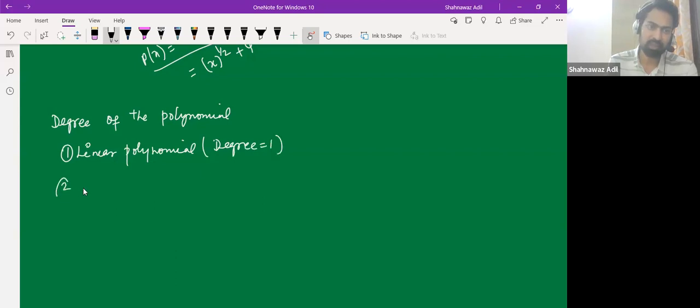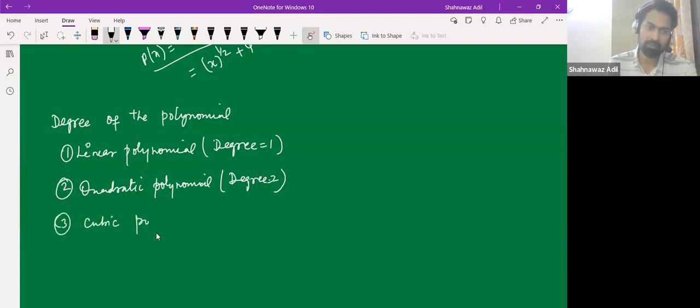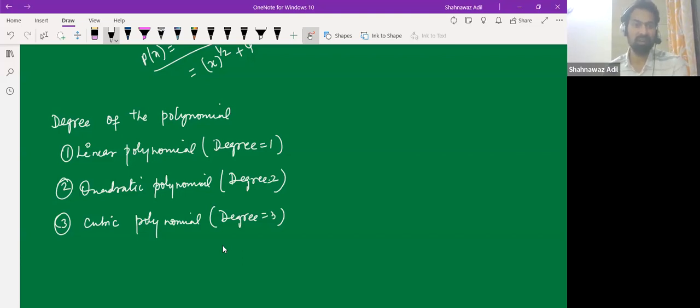Then we have the quadratic polynomial, all of your favorite. And the third one is the cubic polynomial. Then we have different kinds of polynomials, higher order or higher degree polynomials. So this was about the degree of the polynomial.